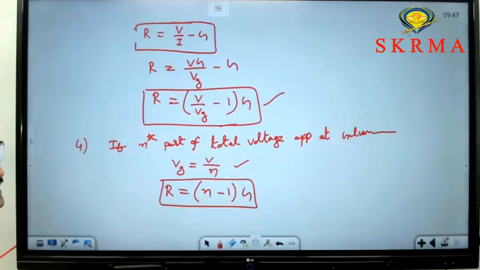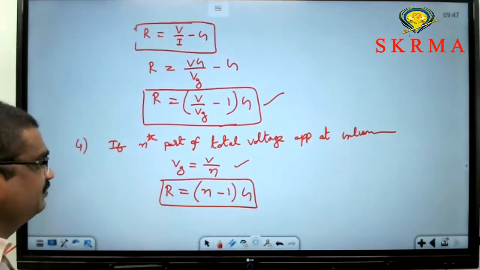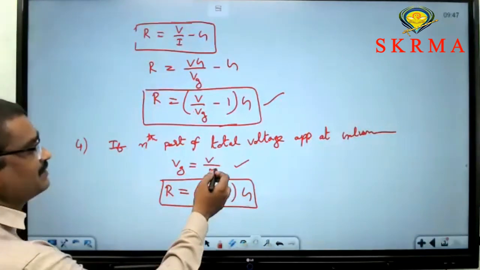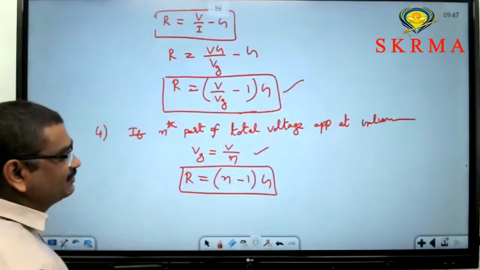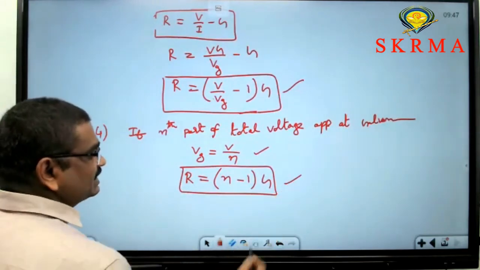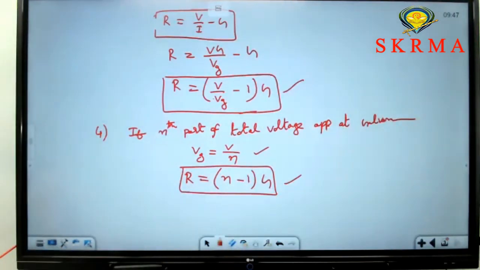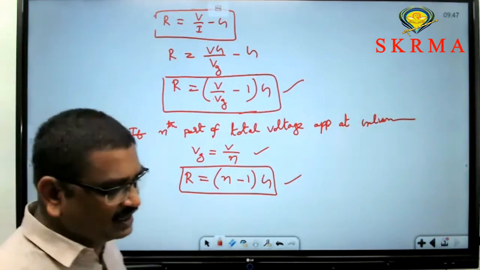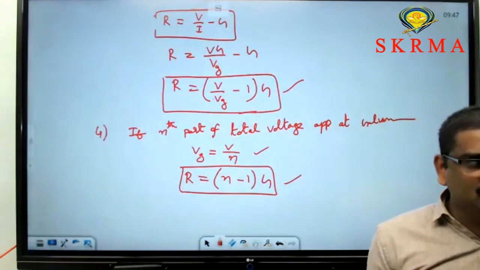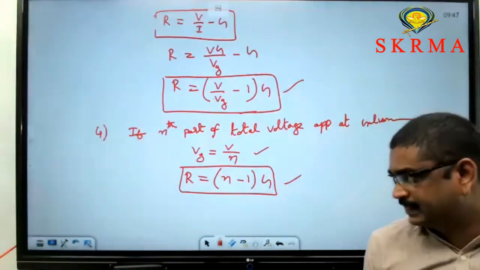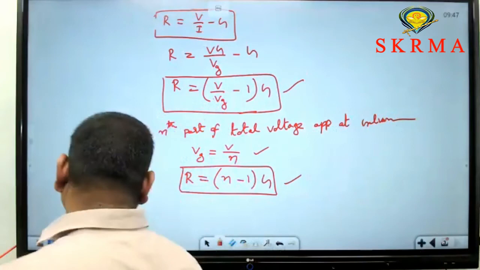If only the nth part of the total voltage appears across the galvanometer, then Vg equal to V by N. Substitute this value in the previous equation, then you will get R equal to N minus 1 into G. These are the equations for a galvanometer that is converted into a voltmeter. Is this clear?